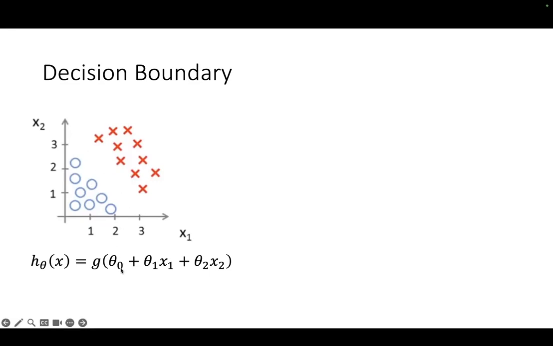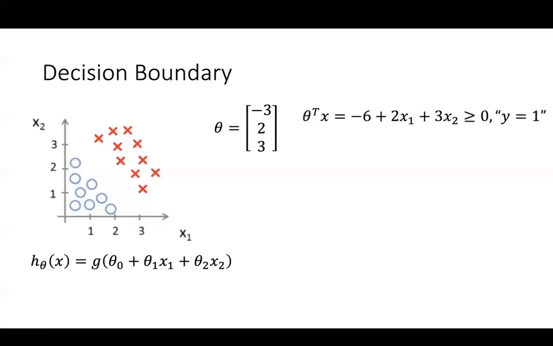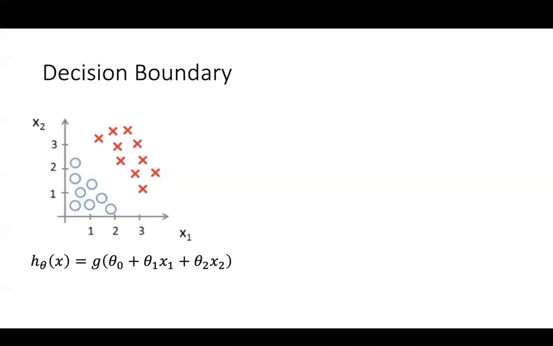Straight line lang siya. And alam natin na pag line, since we have two variables x1 and x2, this is a double variable linear regression. So magkakaroon ka ng equation of the line theta naught plus theta 1 x1 plus theta 2 x2 para lang magawa yung decision boundary dito. And what you do to make a classification is define theta naught, theta 1, tsaka theta 2 values.